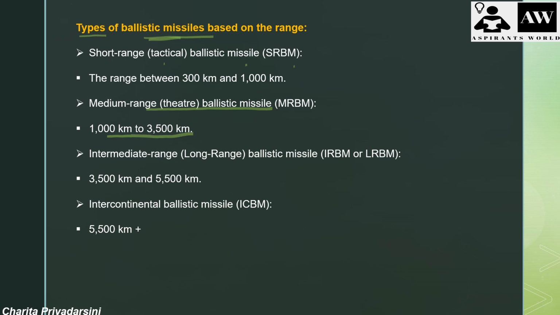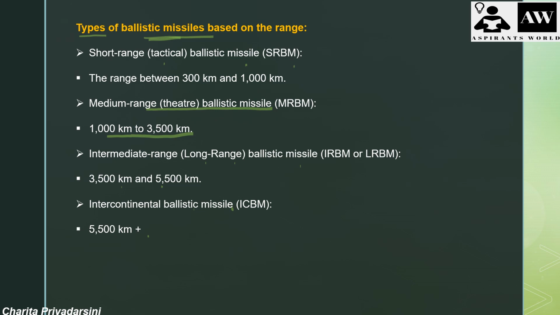The intermediate range ballistic missiles, which are also referred to as long range ballistic missiles, have a range between 3500 and 5500 kilometers, and the intercontinental ballistic missiles have a target range above 5500 kilometers.